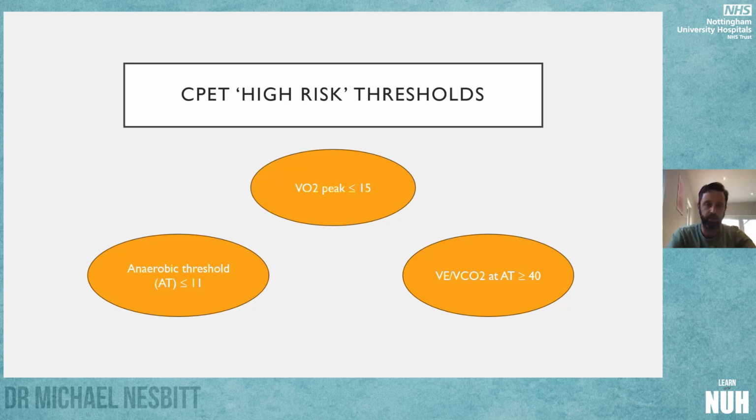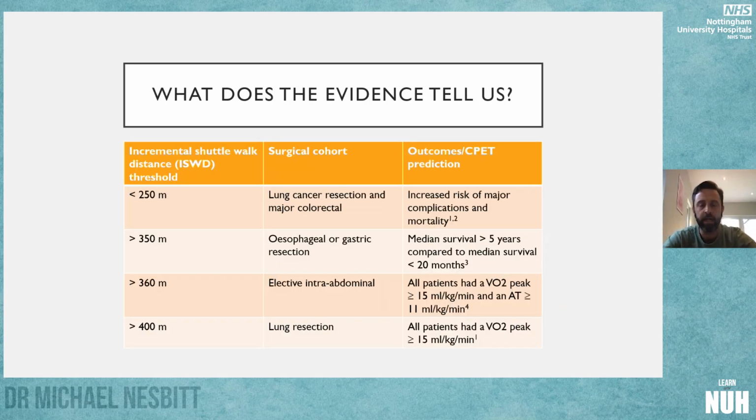So essentially, anyone who achieves less than 15 on a peak VO2, less than 11 on an anaerobic threshold, and greater than 40 on a VE over VCO2 at anaerobic threshold would be deemed to be at higher risk of perioperative complications. And probably the effect is cumulative, in that the more sub-threshold CPET variables they have, it probably has a higher predictive value for identifying high risk patients. Sorry, that's a very quick whiz through.